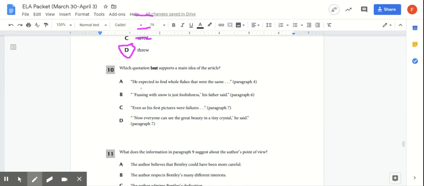So we can eliminate A, he expected to find whole flakes that were the same. That doesn't really explain the main idea of this text. B, fussing with snow is just foolishness, his father said. This quote also doesn't really get to the root of the main idea of the article. It's just simply stating the opinion of his father.